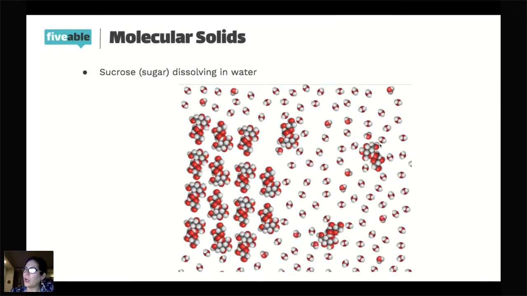It just gets organized or aligned, with the partial positive of the sucrose surrounded by the partial negative of the water and vice versa. So the whole chunk of sucrose will be broken apart from the crystals, but it will maintain its structure or its identity.